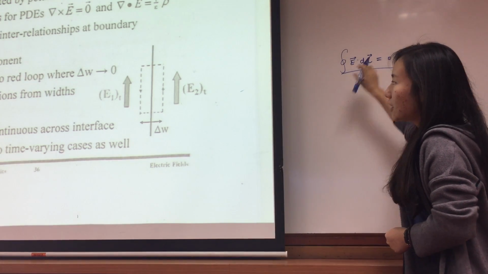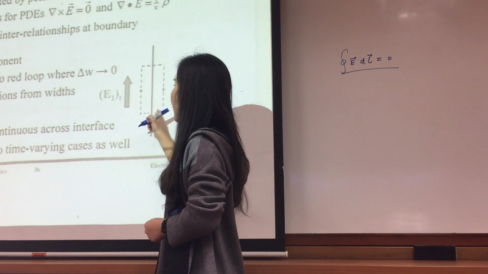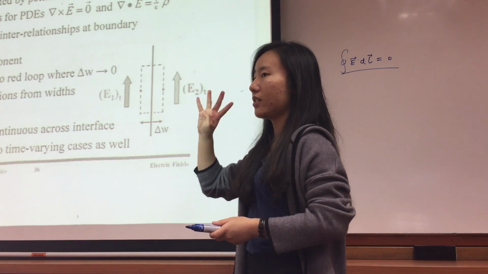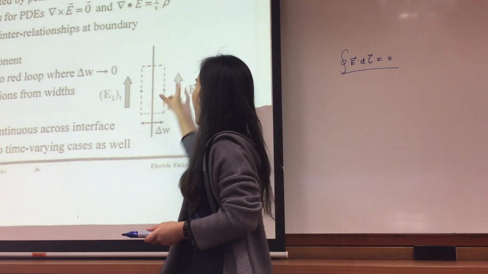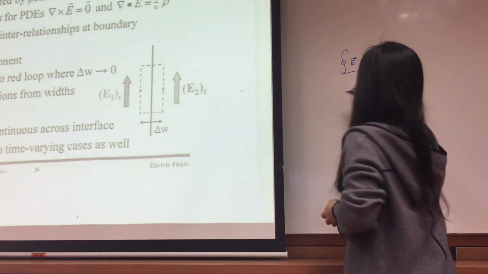And then the loop, if it is drawn like this, can be divided into 4 parts: this part, this part, this part, and this part.